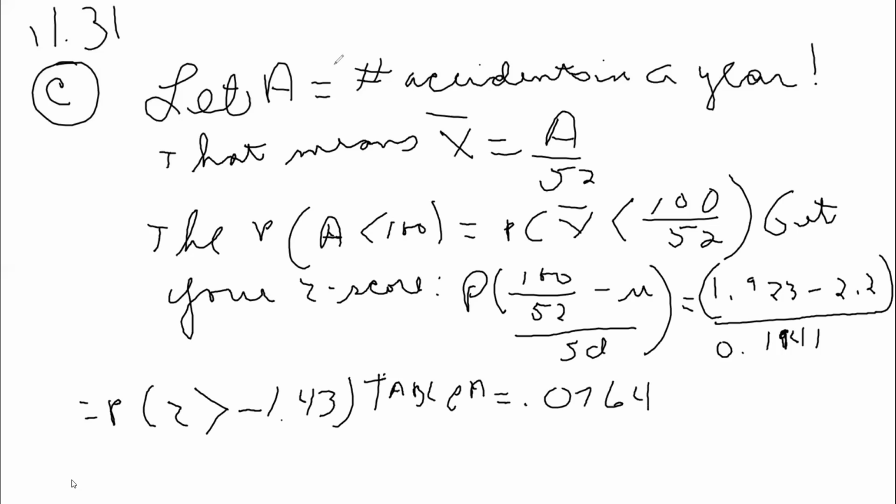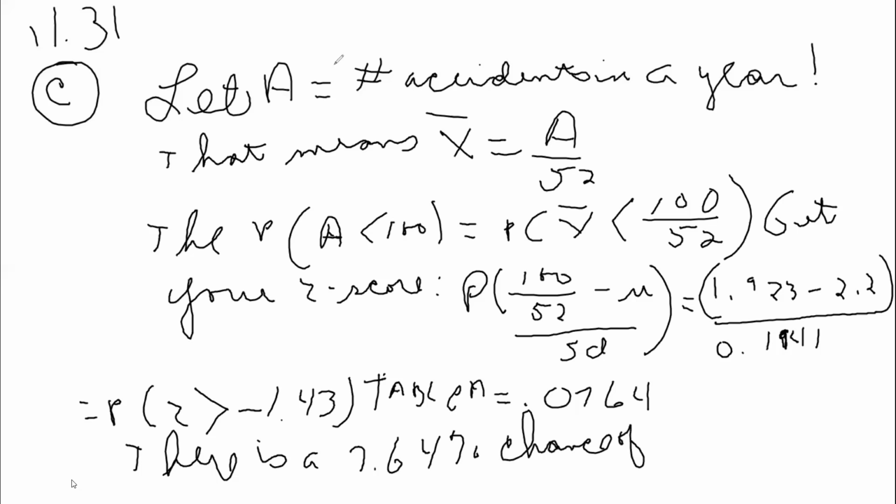So that means there is a 7.64% chance of fewer. That was less. That's why we use less than, fewer than 100 accidents in a year.